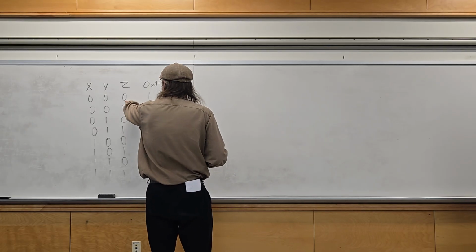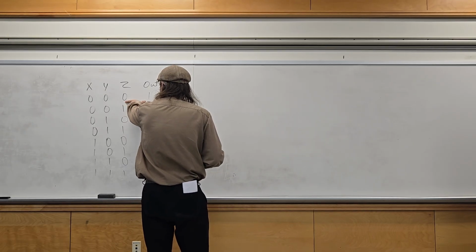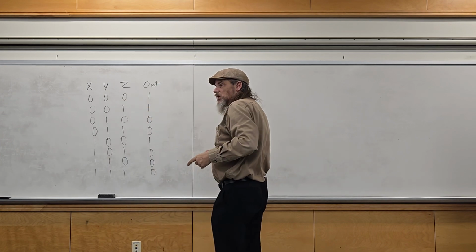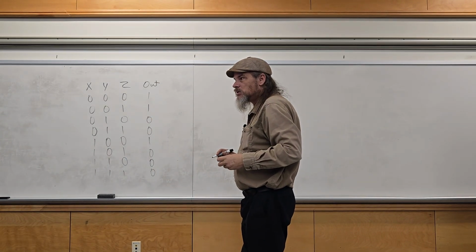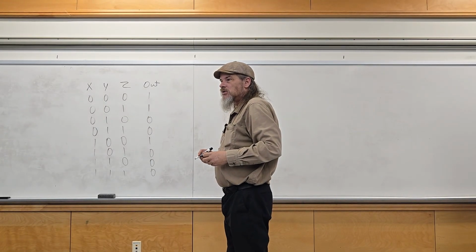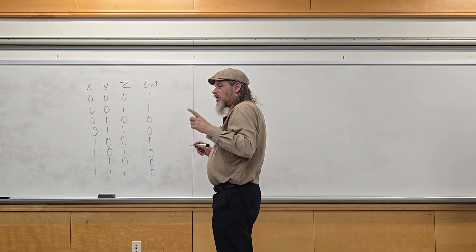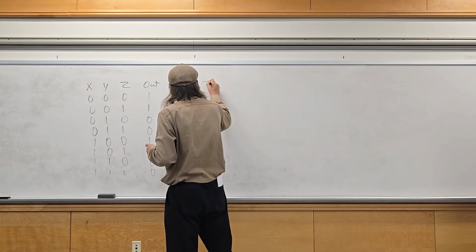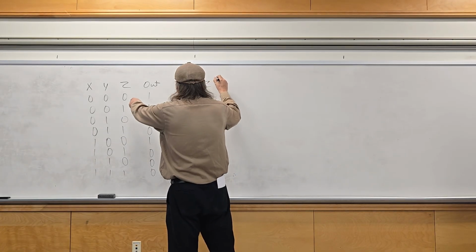Well, why don't we start with this one? What's the min term for this one? X prime, Y prime, Z prime, because they're zeros.